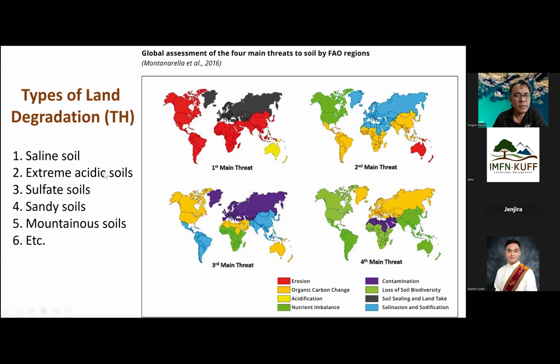Extreme acidic soil, very high acid. For example, in southern Thailand, when we convert the peatland to agriculture, the shallow sites that contain sulfur will oxidize with the air after removal of the peat. Or the area to the east of Bangkok in Nakhon Nayok.